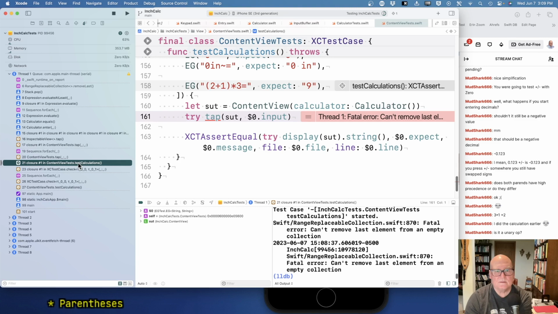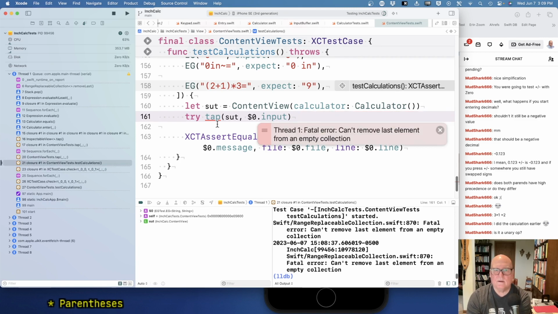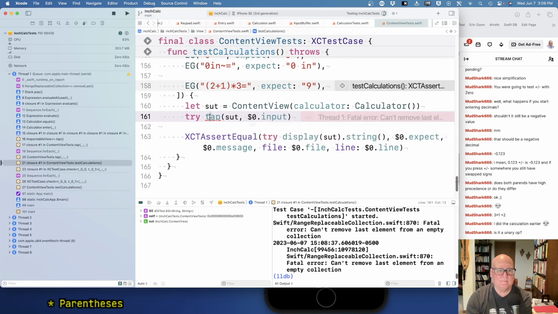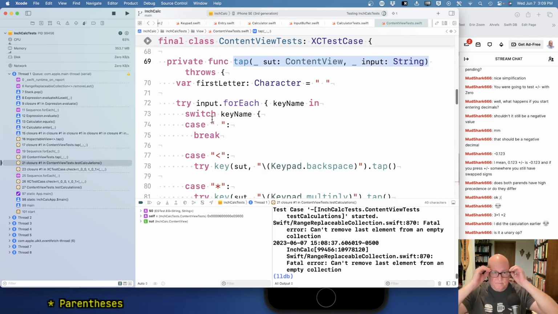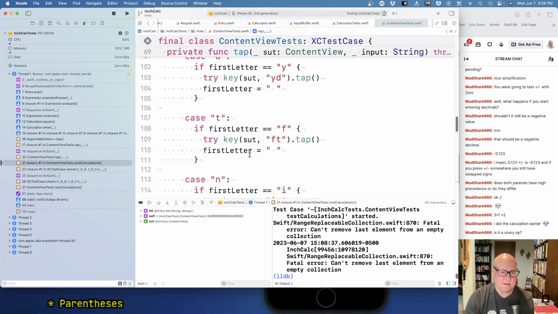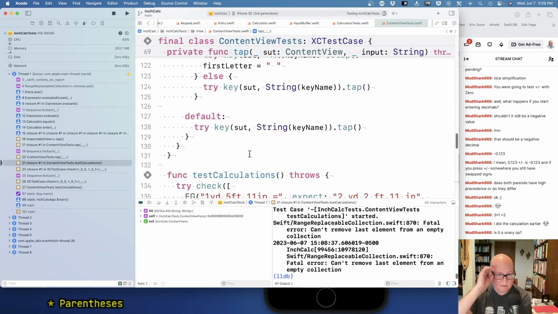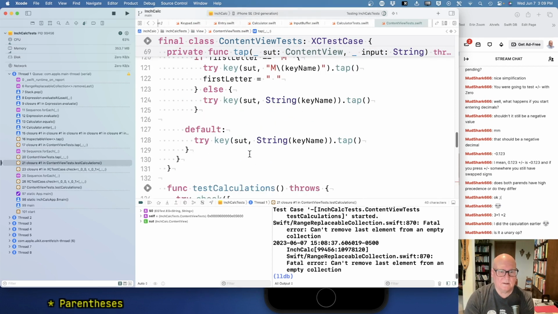Calculations. Okay, so tab blew up. Oh, because tab does not know left parenthesis. Okay.